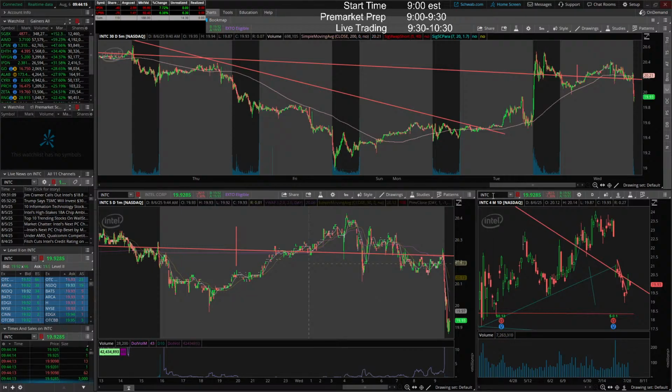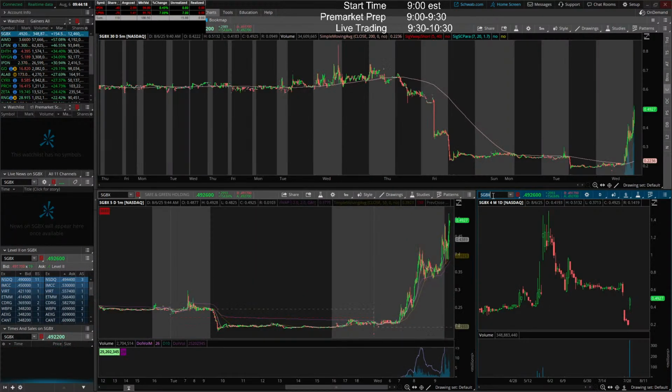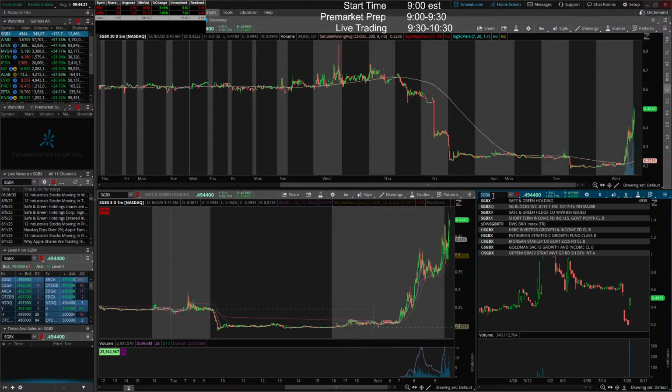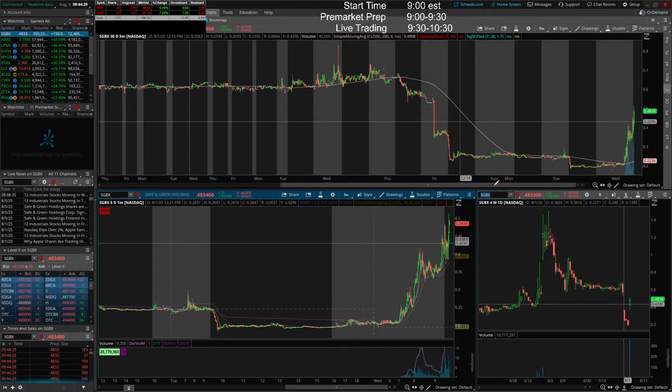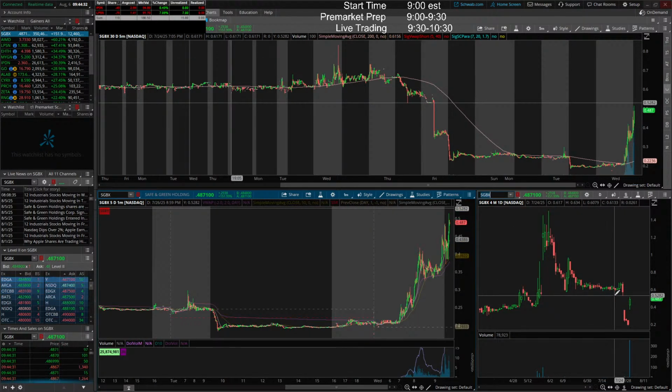We do see SGBX, kind of coming in for this gap fill. Super interesting.